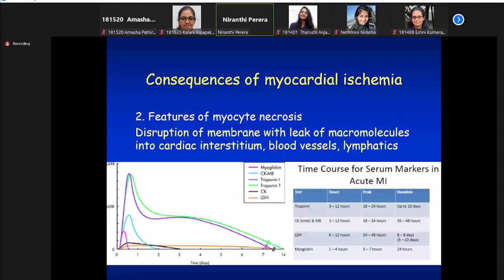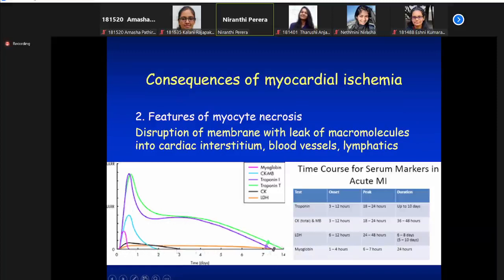Now, when you have myocardial necrosis, there is disruption of the membrane. You get various substances released into the blood vessels and the lymphatics. So you get troponin, you can get CK, specifically the MB fraction, you can get LDH, and also things like myoglobin. Troponin and CK-MB are used, and you can see in any book that they rise at a particular time, come down at a particular time, and are absent from the bloodstream after a particular time.